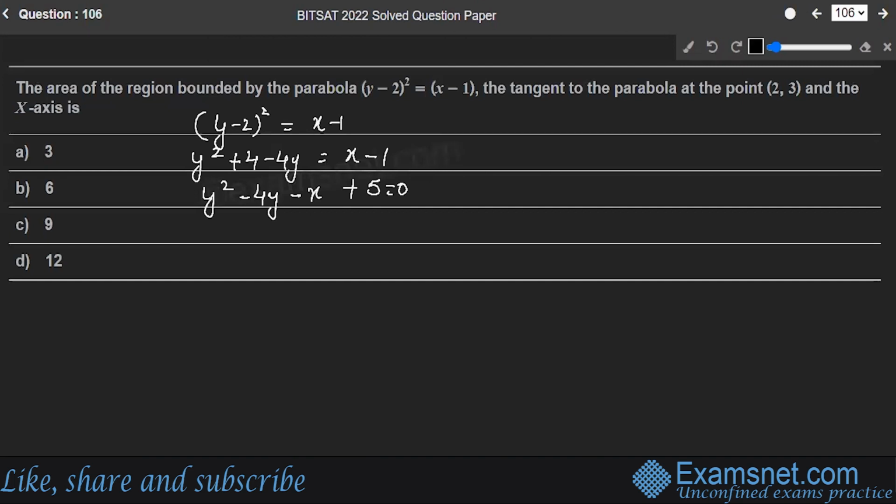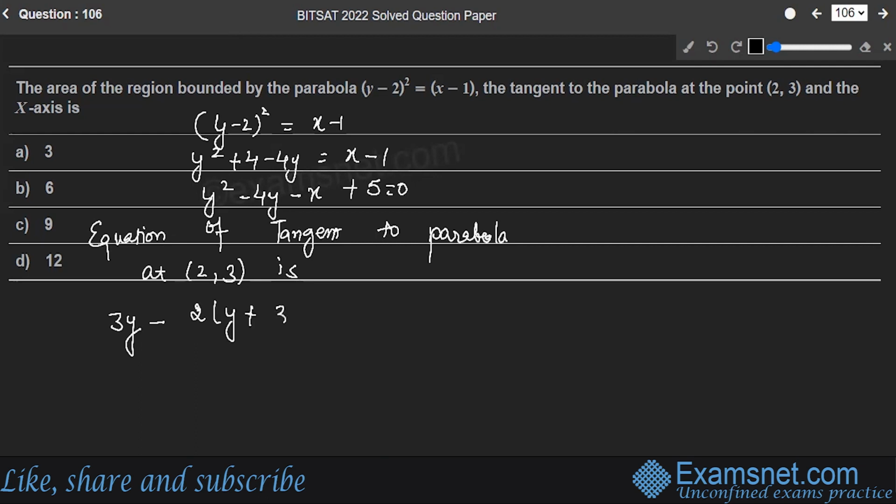Now, the equation of tangent to this parabola at the point 2, 3 is given by 3y minus 2 into y plus 3 minus x plus 2 upon 2 plus 5 is equal to 0.